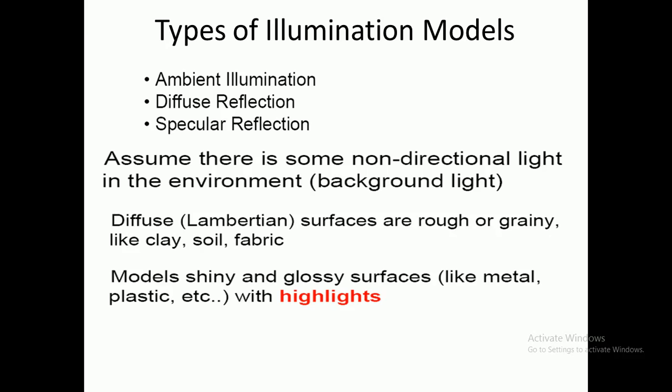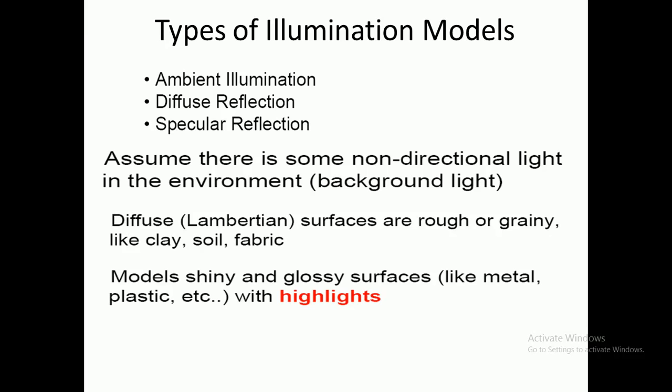Specular reflection models shiny and glossy surfaces like metal, plastic, etc. with highlights. Means if you take your silver glass, I think most of you observed that some part of that silver surface is shining, while another portion may not be shining. In the other portion the brightness may be less, right?